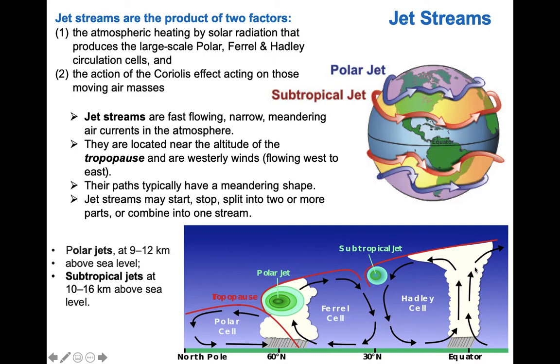So the subtropical jet stream is part of the Hadley cell, as you can see here, and the polar jet stream is part of the Ferrel cell. The polar jet is extremely cold because of the cold, dry air at these altitudes, and the subtropical jets are extremely moist and bring lots of rain and precipitation.